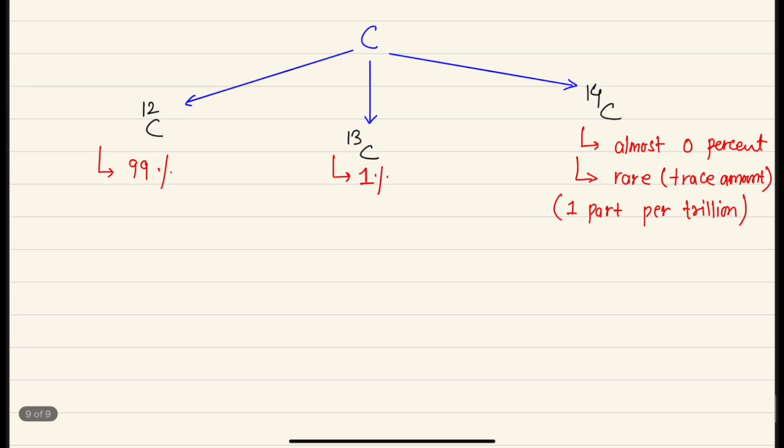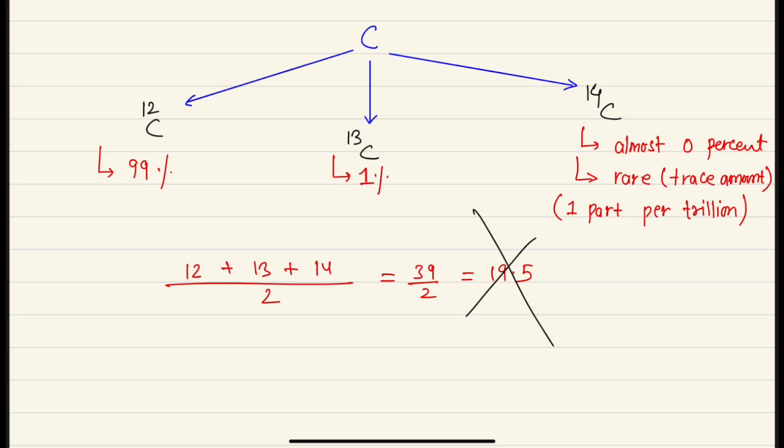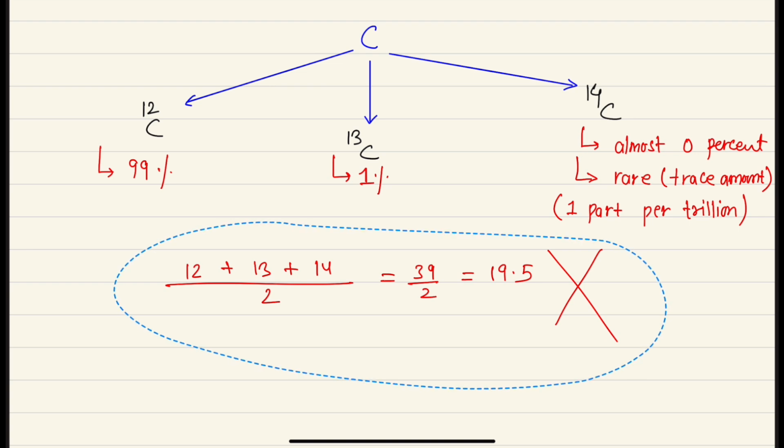If you are thinking like this, sir, I will take the average of all the carbon here, like 12 plus 13 plus 14 by 2, and you will get 39 by 2, approx 19.5. But this is wrong. 19.5 is not the average atomic weight of carbon. Understood?